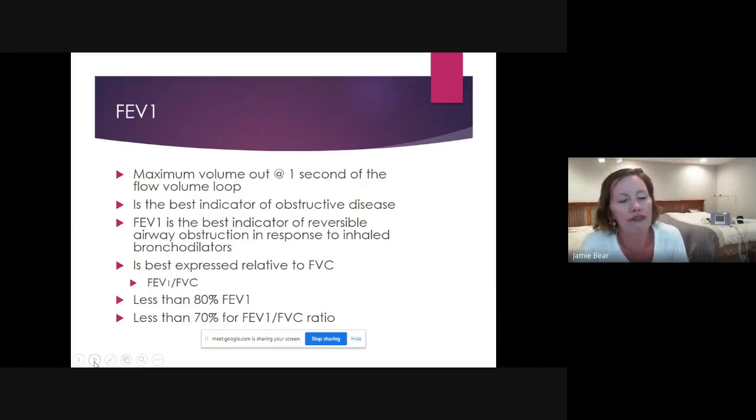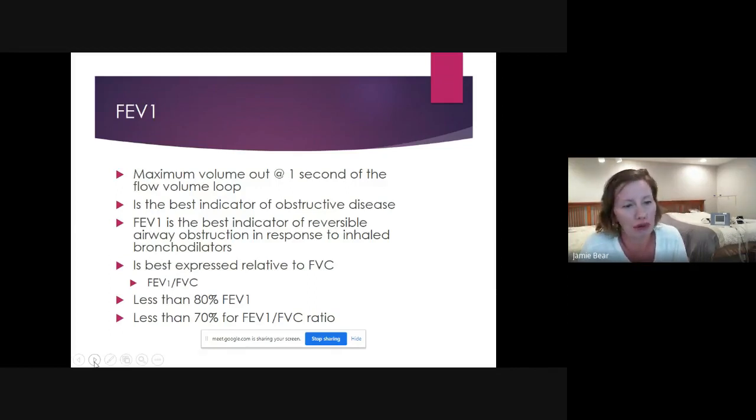So the FEV1, I can't stress how important the FEV1 is for tracking disease. It is the maximum volume that is blown out in 1 second of the flow volume loop. It is the best indicator of obstructive disease. It's the best indicator of a reversible airway obstruction in response to inhaled bronchodilators.